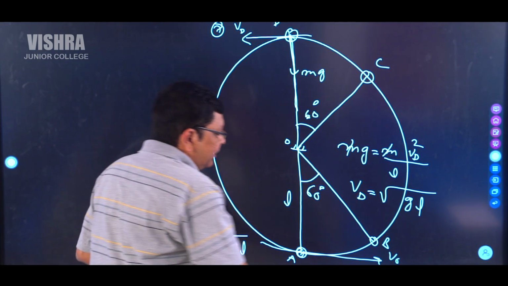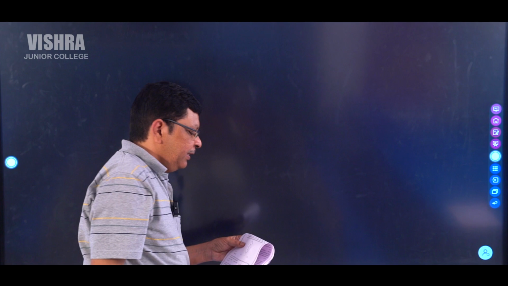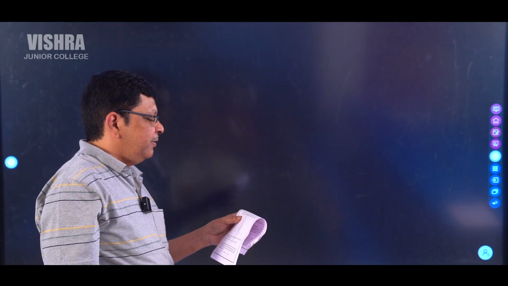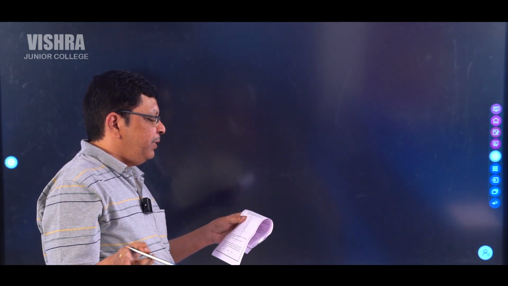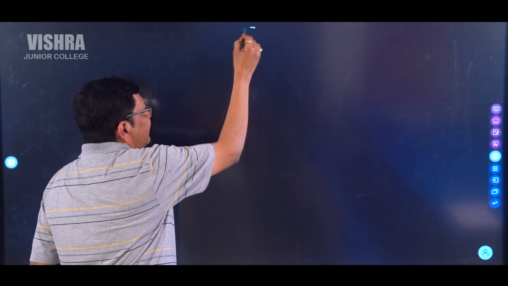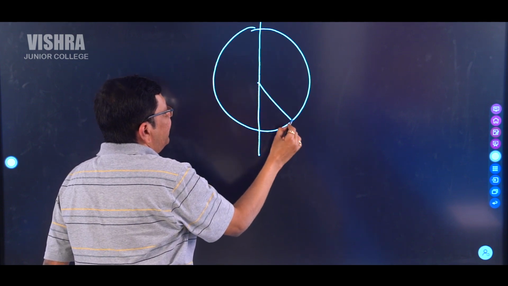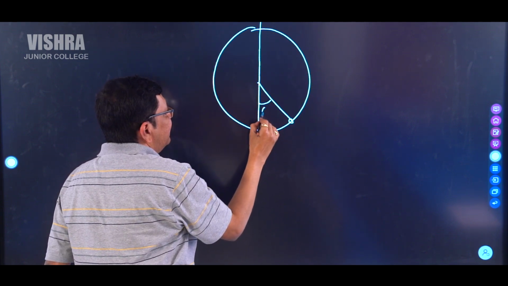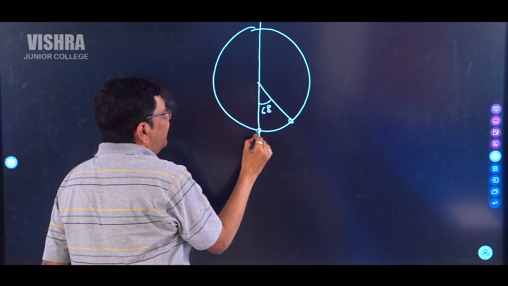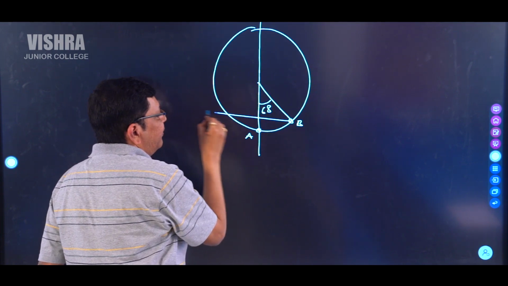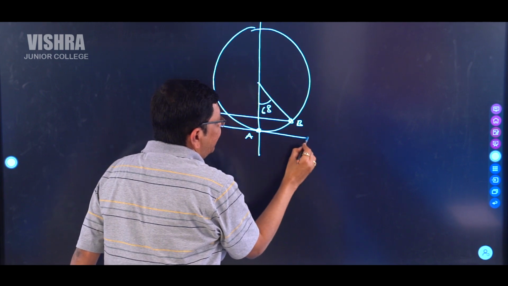Now, what is asked in this question? He says to find the ratio of the kinetic energies when the bob is at point B and at point C. In the vertical circular path, point B makes a 60 degrees angle from the vertical. So when the bob shifts from point A to B, again I conserve energy.